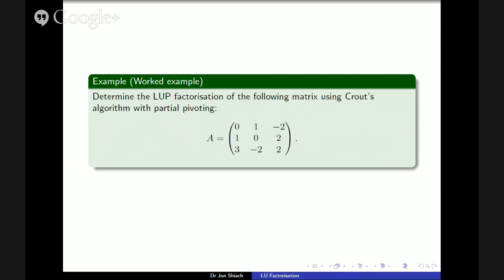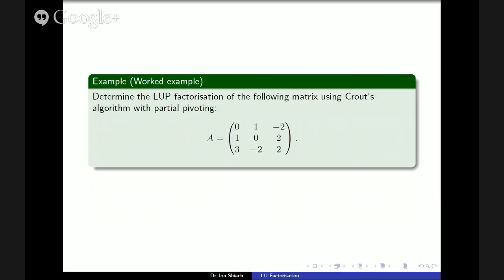If I go down the first column and calculate the Aij, we don't change it. So the first thing I'm going to do is a row swap. 0 is our pivot element, so we have to do a row swap, row 3 and row 1. So this gives us the new A. So that's our row swap.